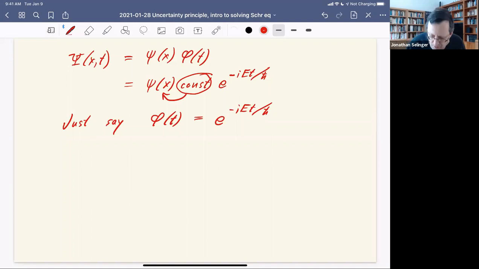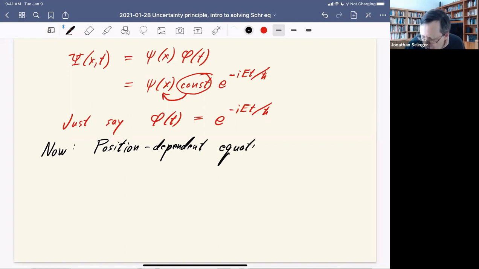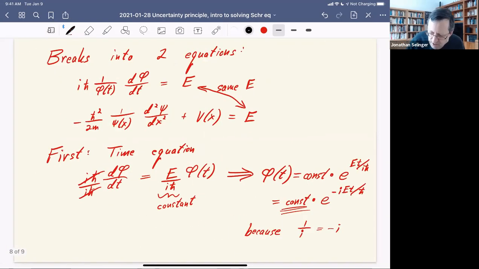Now, we still have the position-dependent equation. That is the big job. Okay, so let's go back to what is the position-dependent equation. Okay, so that is this thing. Let me copy that.